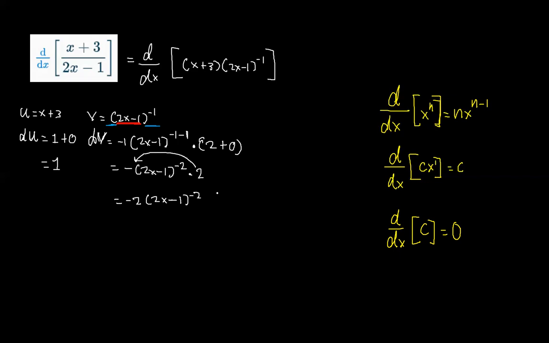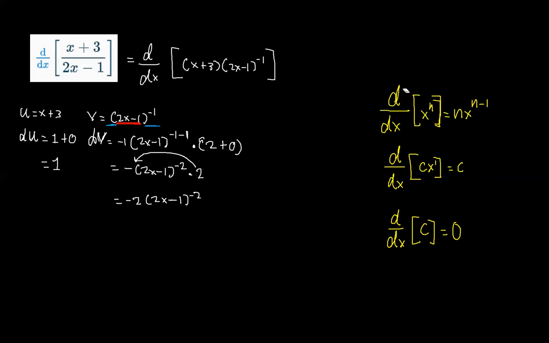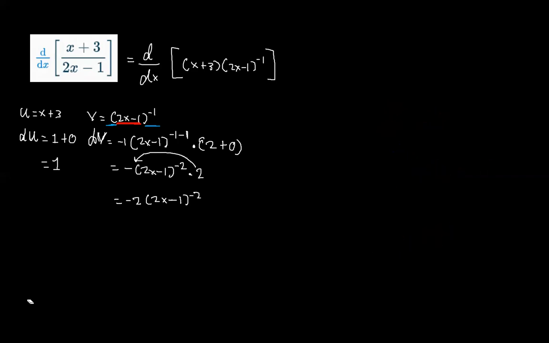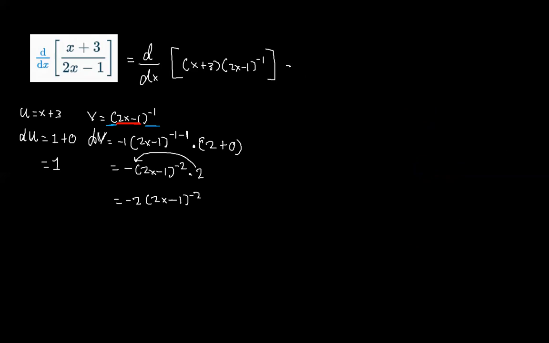Basically, that's it, guys. Now I'm going to erase this one because I'm going to occupy this space to provide more solution. Remember the formula of the product rule, which is u times dv plus v times du.